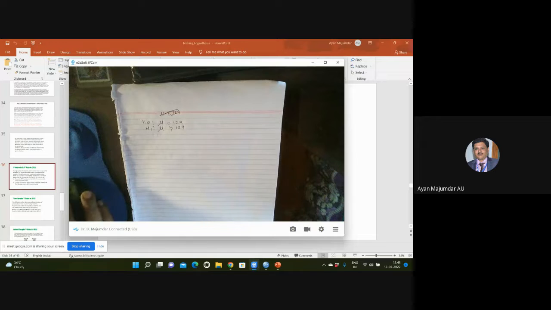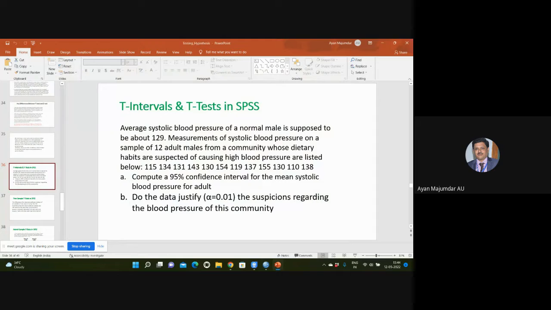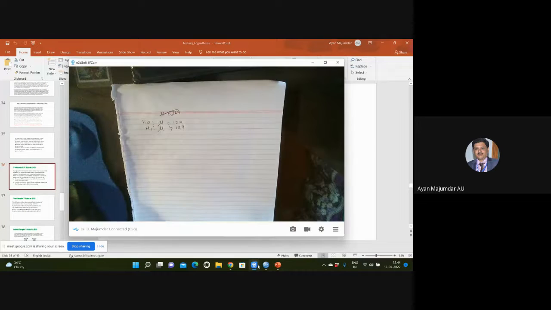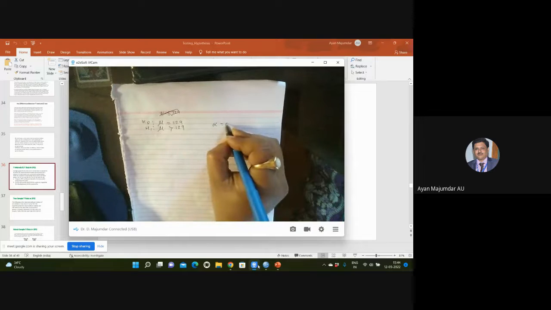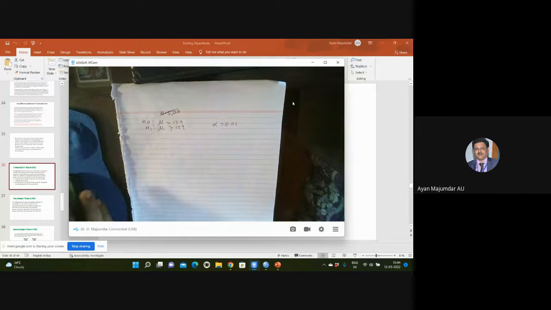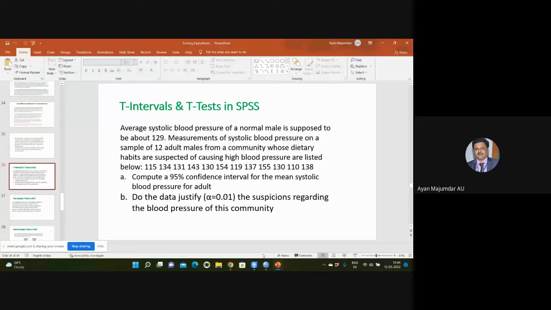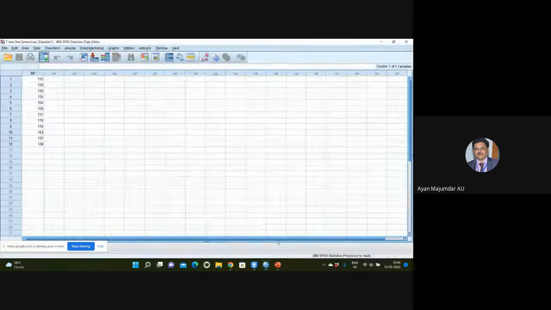Next, it is to be tested at 1%, so our alpha is 0.01. The hypothesis is developed. Let us run the test.